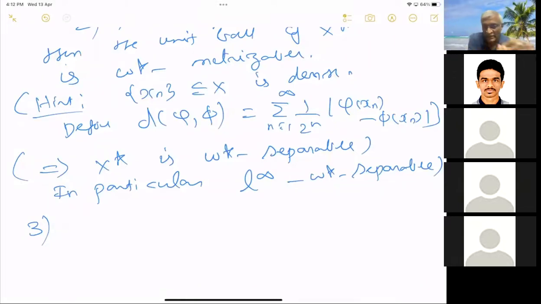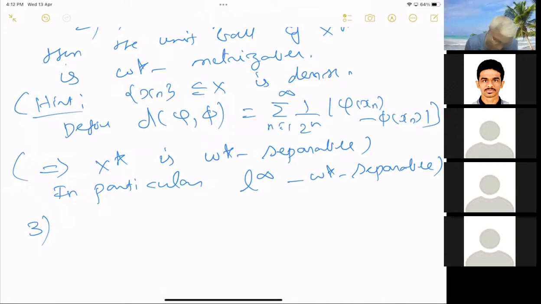I mean, L infinity is the dual of L1, but L1 is also contained in the dual of L infinity anyway. So these coordinate functions can act on L infinity, which is just evaluation at the nth place. And that gives a linear function, which is contained in the unit ball of L infinity star. But that will not have a weak star convergent subsequence.